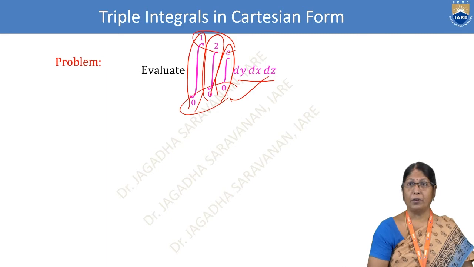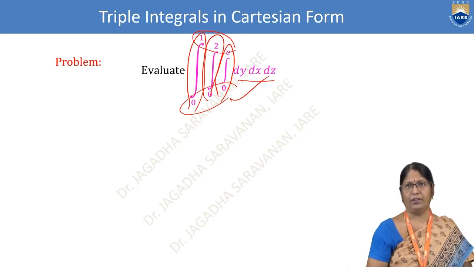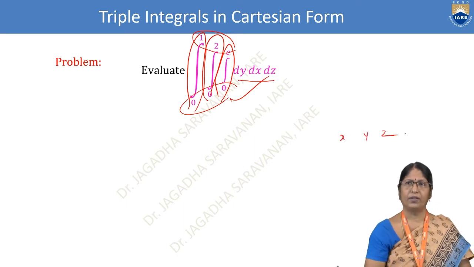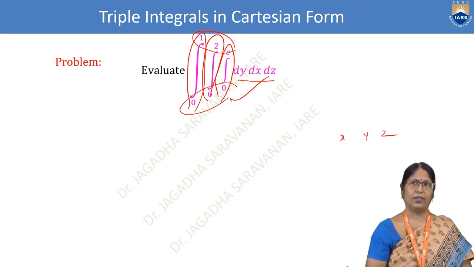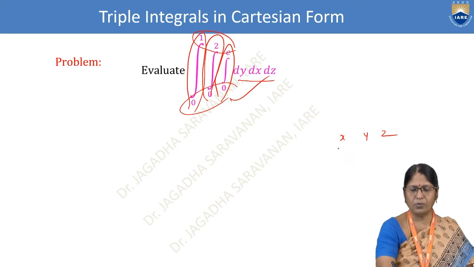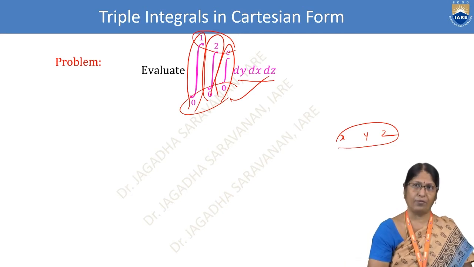Nothing wrong in it. But suppose the interior integration limits are a function of variables. That is our variables x, y, z. If the interior, middle or outermost limits are defined in terms of these 3 variables, any variable, then we have to be very careful.